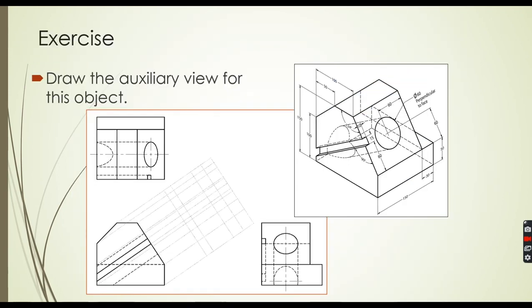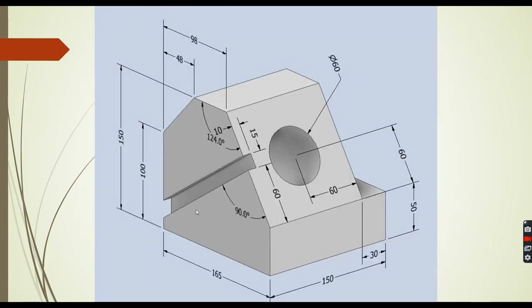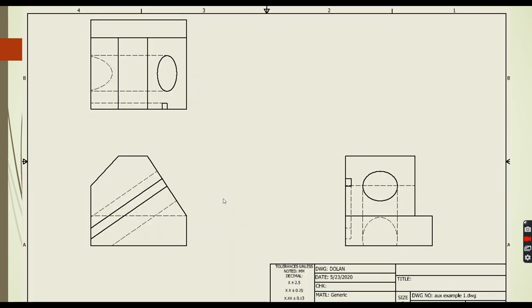All right, to draw an auxiliary view, again, we project it on the angle that we're going to use. Inventor automatically does that once we pick we want this view and this edge right here. Okay, and there's the part that I drew.